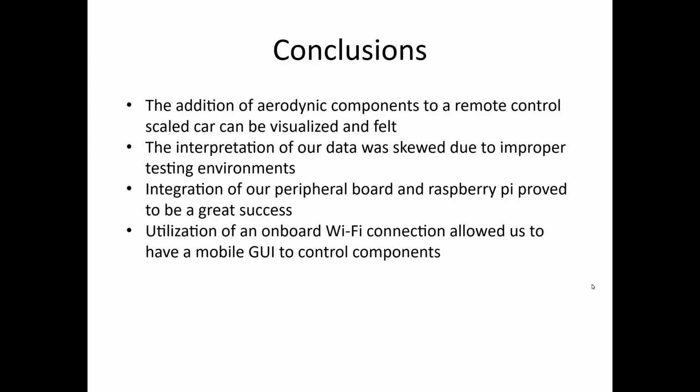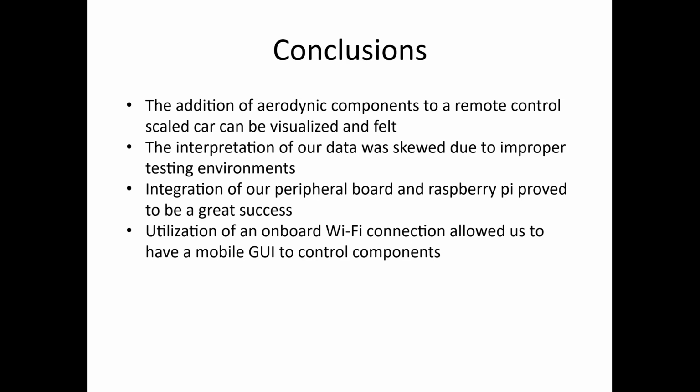So in conclusion, the addition of aerodynamic components to a remote control car can be visualized and felt. This was our main priority: if we were to create an aerodynamic system, would the results be able to be visualized and felt? The answer to that question was yes. The interpretation of our data may have been skewed due to improper testing environments.